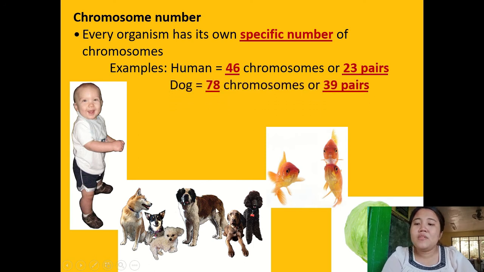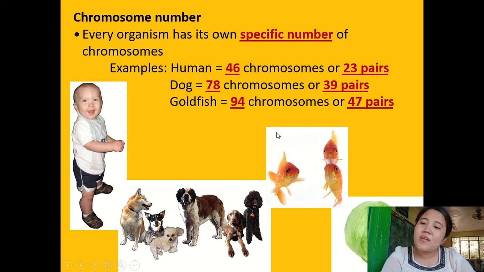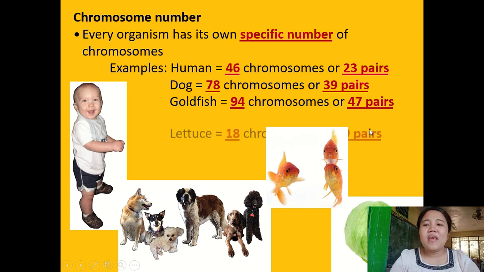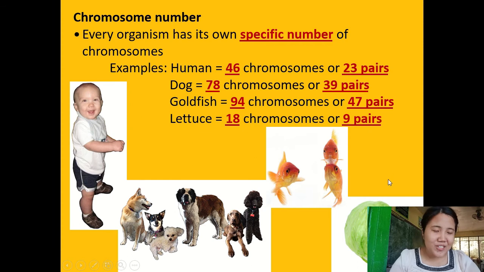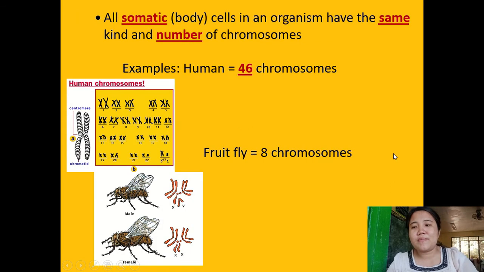The dog has 78 chromosomes. Paired up together, we will have 39 pairs. The goldfish has 94 chromosomes. Paired up together, we have 47. And the lettuce, or the cabbage, I said it's lettuce, has 18 chromosomes. Paired up together, 9.